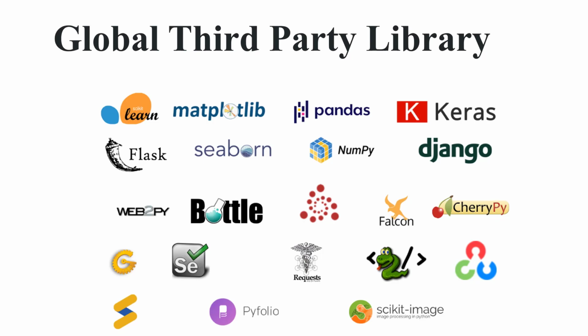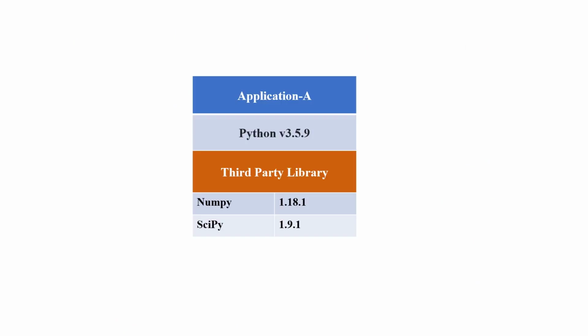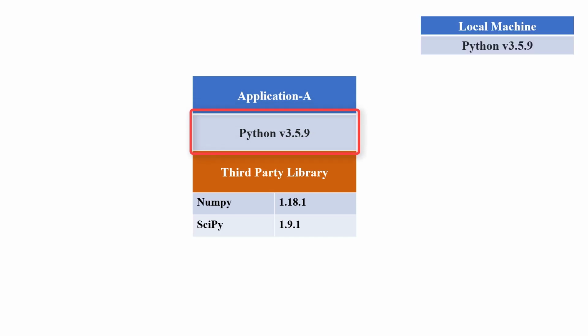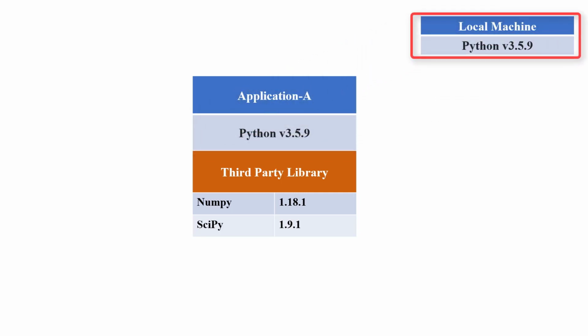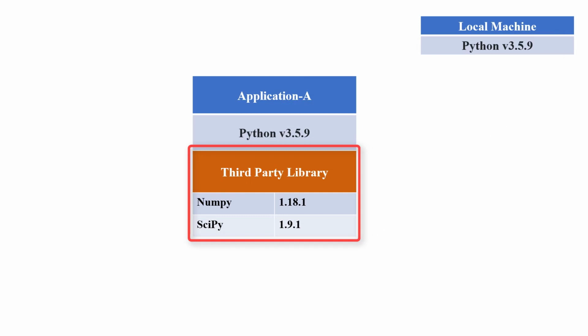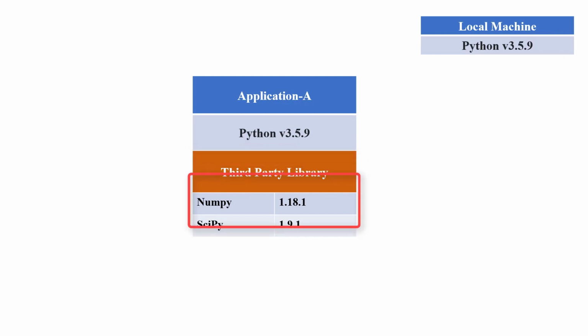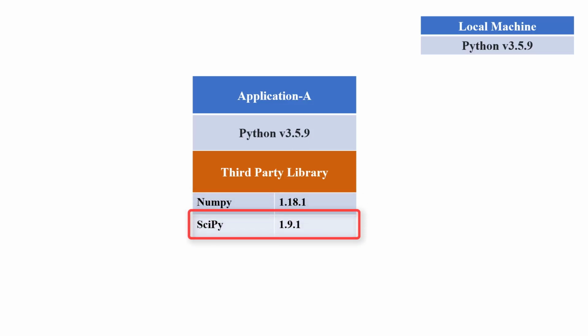Now you have created a Python project, application A, with Python version 3.5.9, and imagine in your local machine you have installed Python 3.5.9. To implement application A, you need to import some third-party libraries such as numpy version 1.18.1 and scipy version 1.9.1.